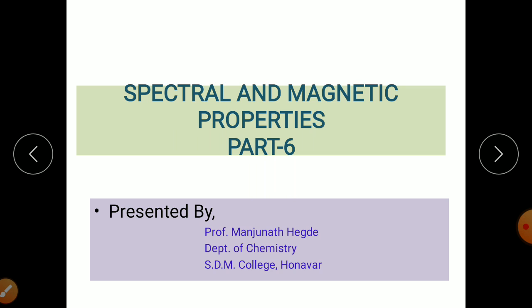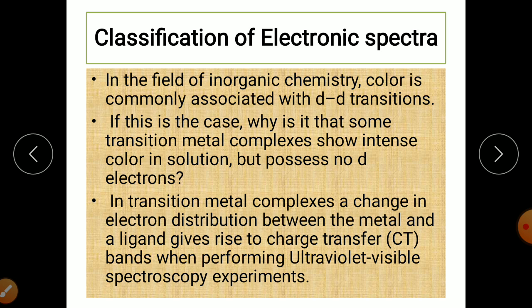Today I talk about one of the important concepts, charge transfer spectra, under spectral and magnetic properties. In the electronic spectra of transition metal complexes, the colored complexes or color transitions are normally due to d-d transitions.